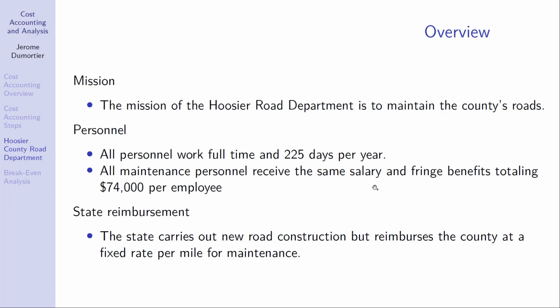The maintenance personnel receive the same salary and fringe benefits, which total about $74,000 per employee. This department is not responsible for constructing new roads; it is the state Department of Transportation that constructs new roads. In addition, the state reimburses the county for each mile of road maintained.